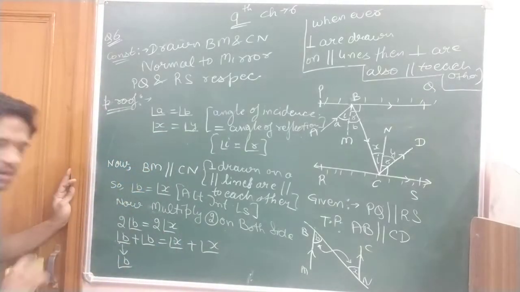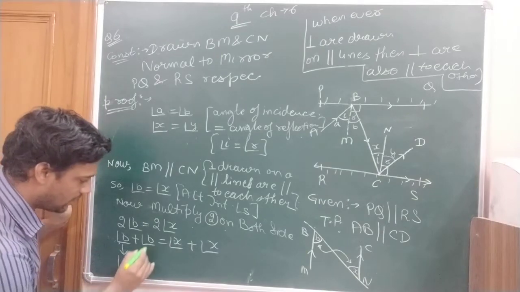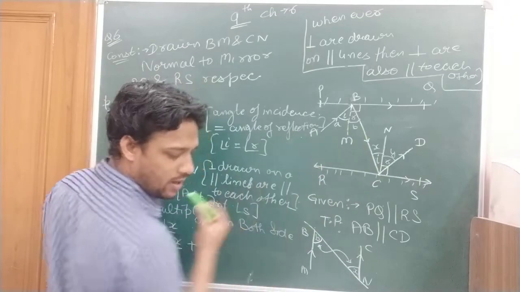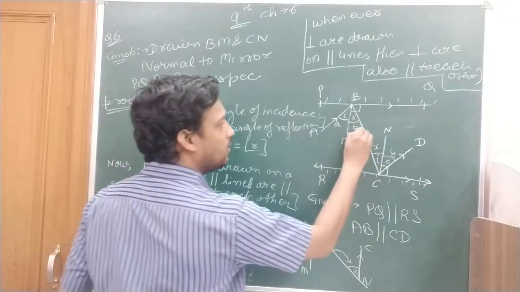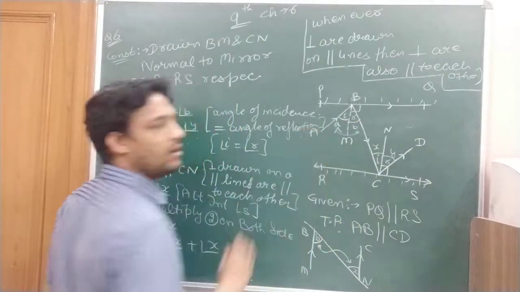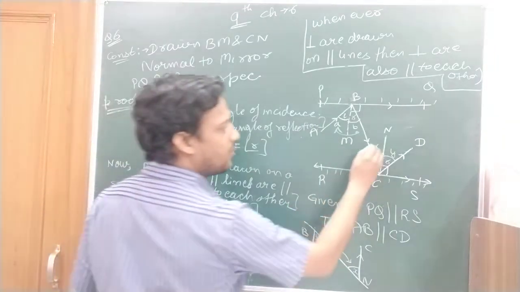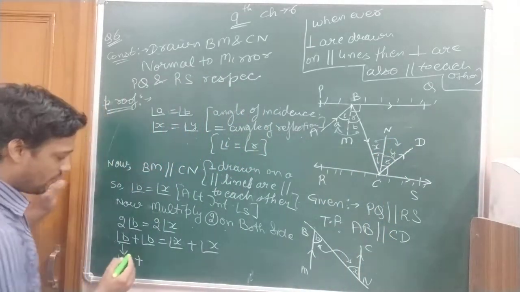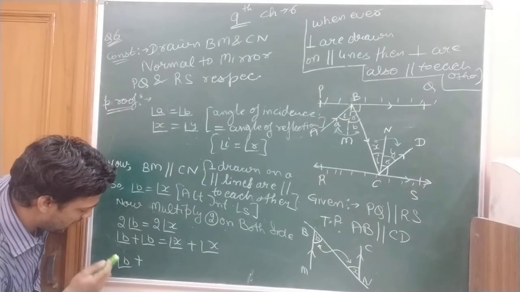Angle A and B are both equal, so convert the second angle B into angle A and the second angle X into angle Y.